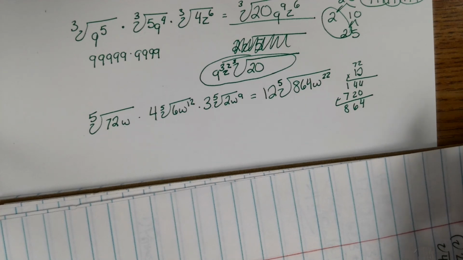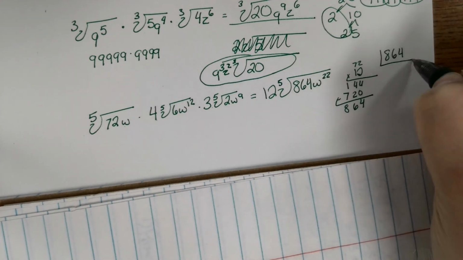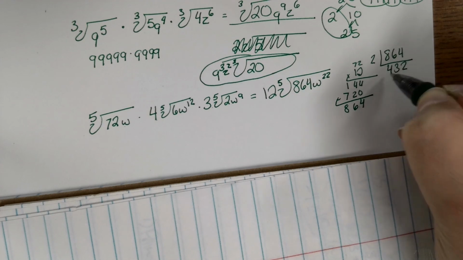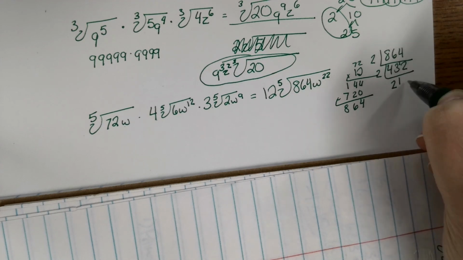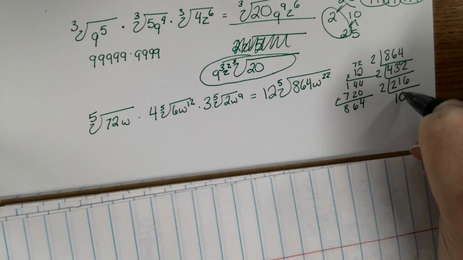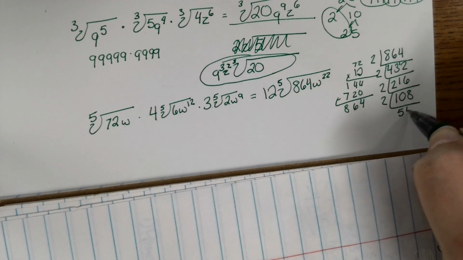Unfortunately, no. Remember, we're asking you to simplify. So take a deep breath, and let's use our workspace. 864. We need to know what its primes are. 2 gives me 432. 2 again gives me 216. 2 again, 108. 2, 54.